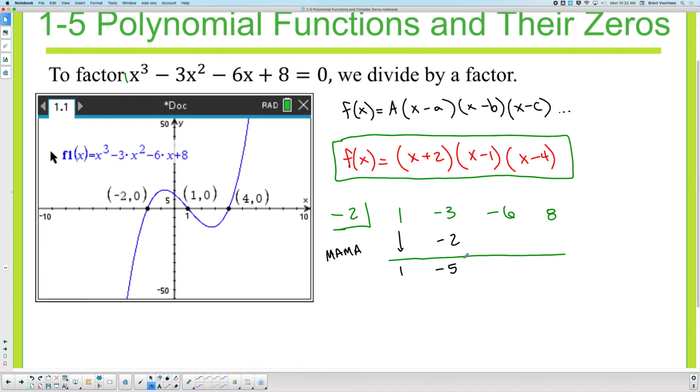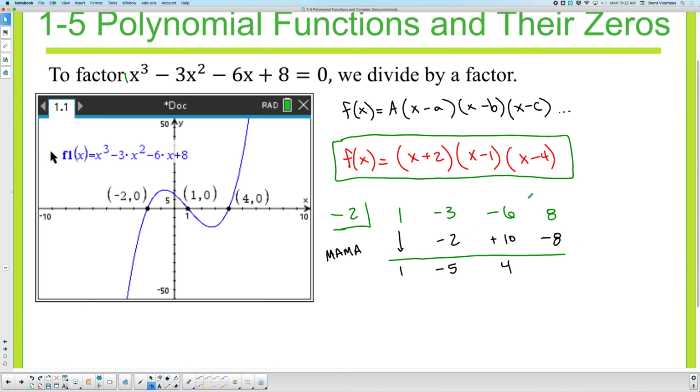-5. Now, after we added those together, you're back to multiplying. -5 times -2 is +10. So put a +10 there. What is -6 plus 10? 4. Now, after you add, we're back to multiplying. What's 4 times -2?